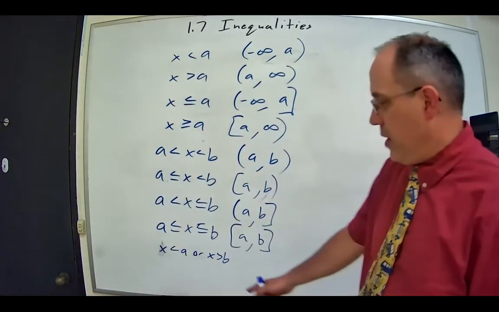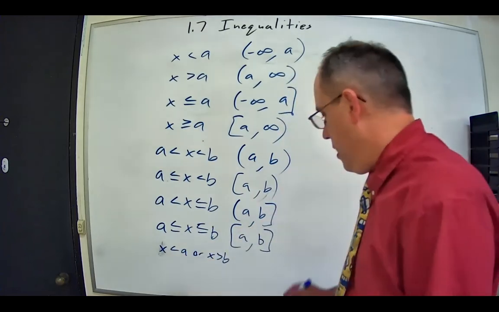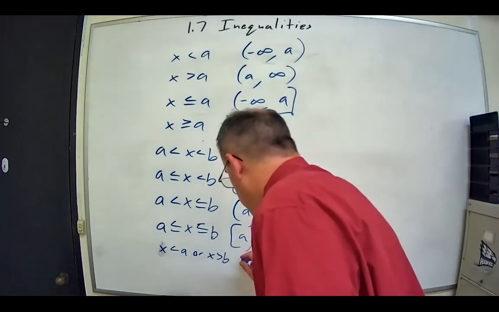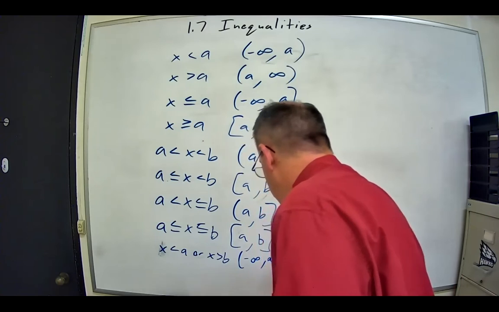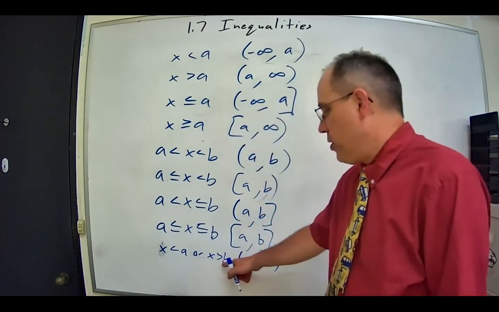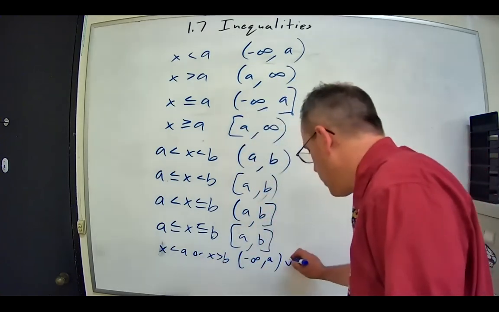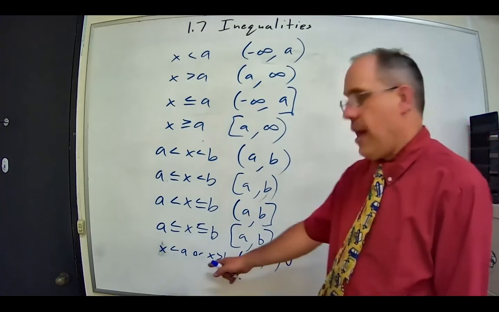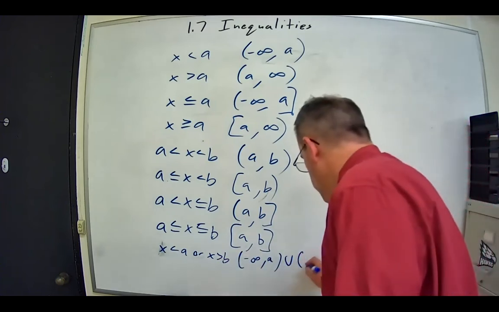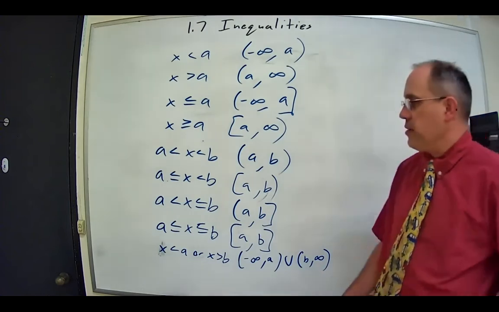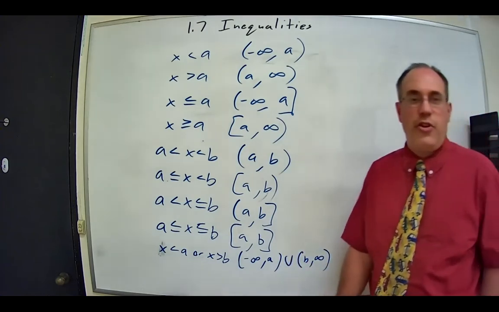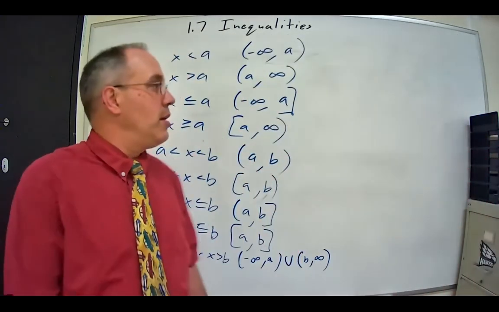So in that case, you have x less than a. So that's from negative infinity to a. But we could also have, so union, x greater than b. So that's from b to positive infinity. So we can do a number of different things with that.